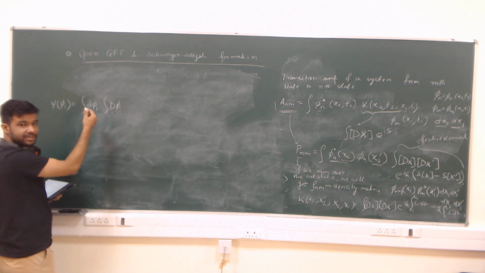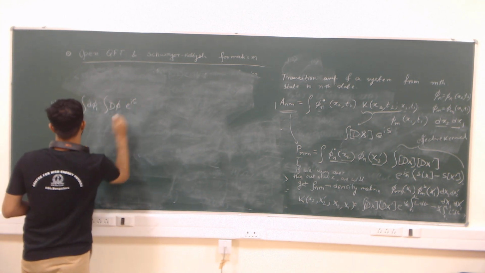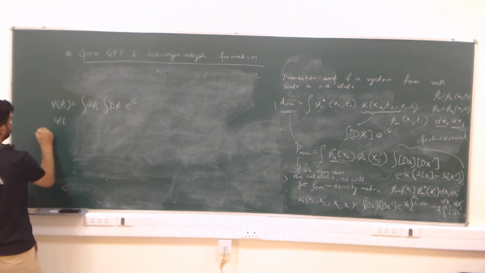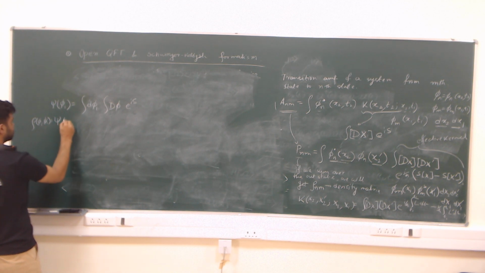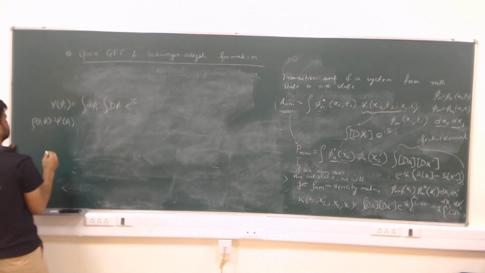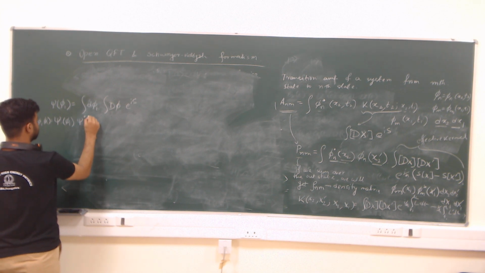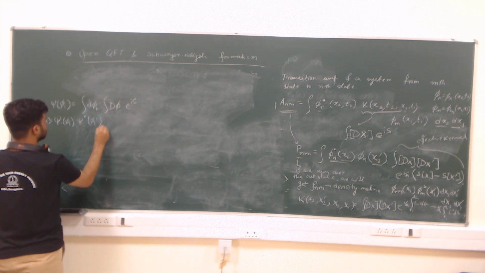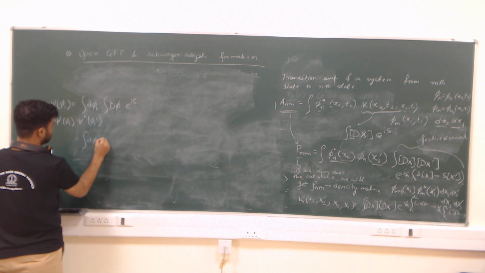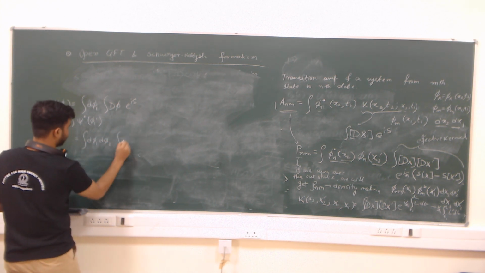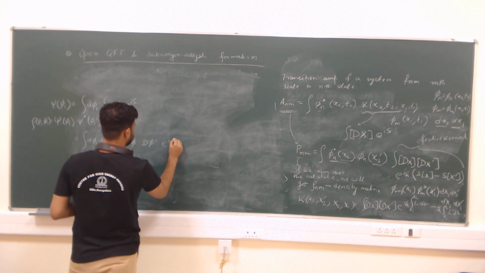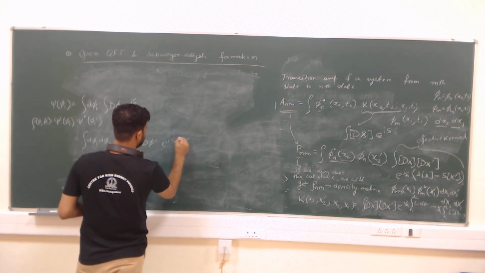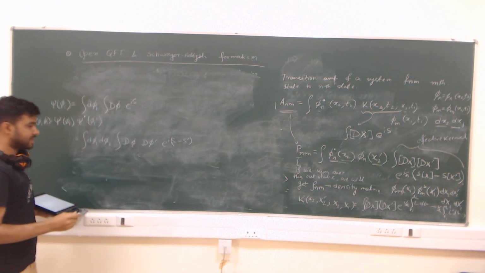By this I am still writing in terms of the fields. Then my density matrix will look like something of this kind.